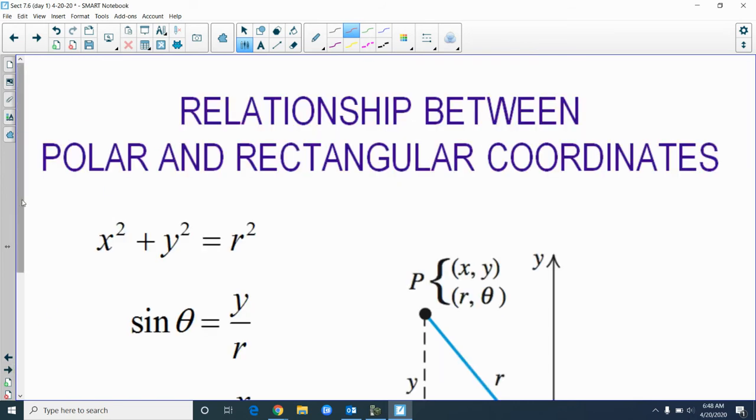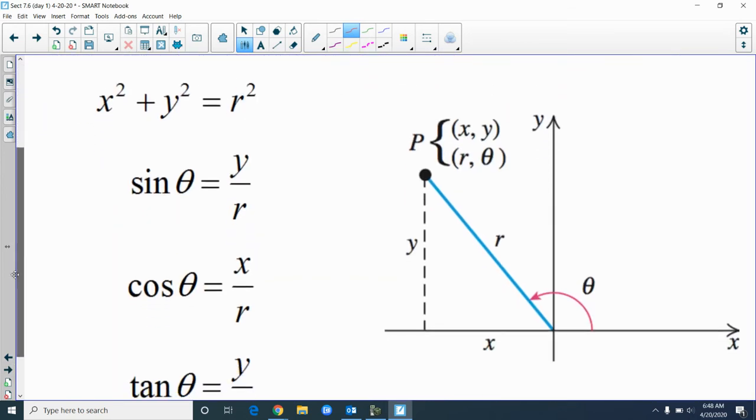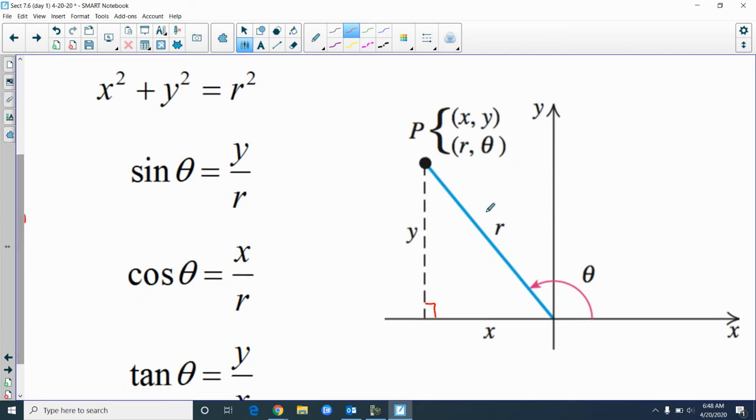If you take a look here, think about relationships. If you drop that perpendicular down, we have a right triangle. So here's how x, y, and r are related: x squared plus y squared equals r squared. Now we want to relate the angle to the situation here.